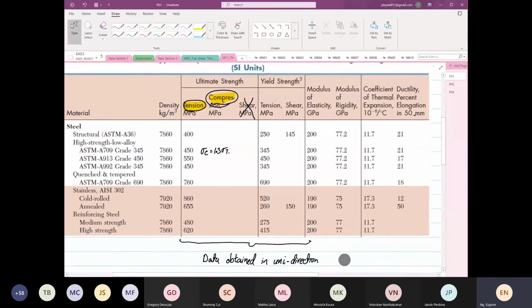So now we are looking at ultimate strength. Then you look at a handbook, any material handbook you can get. You can see we have data known as tension, yield strength, and then we're given shear. Now these tests are done separately, unidirectional.